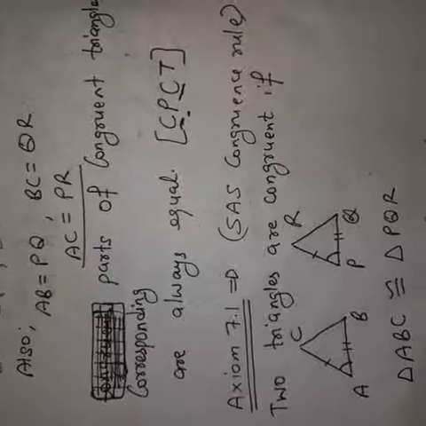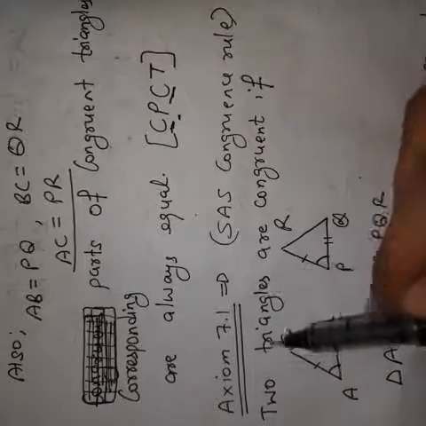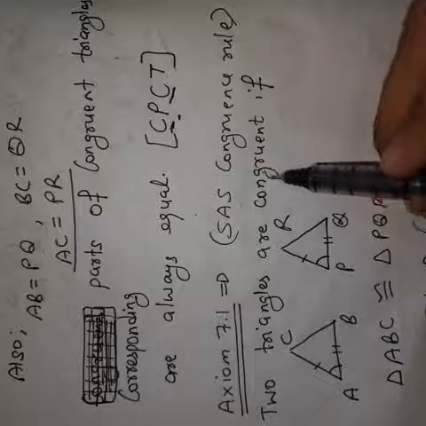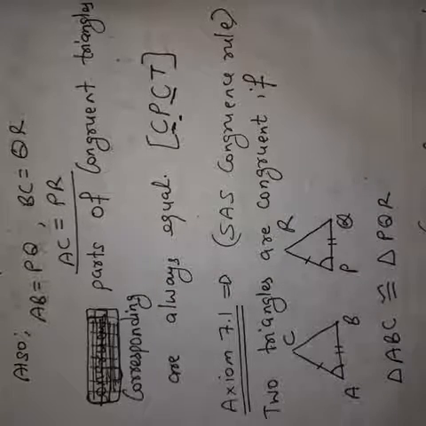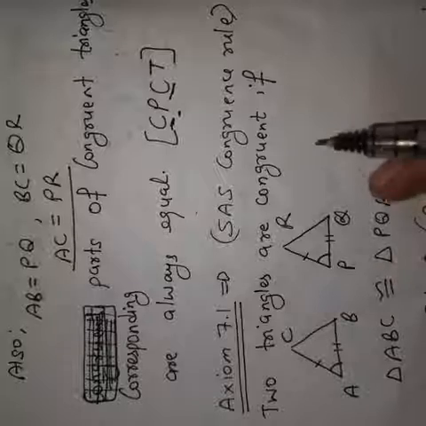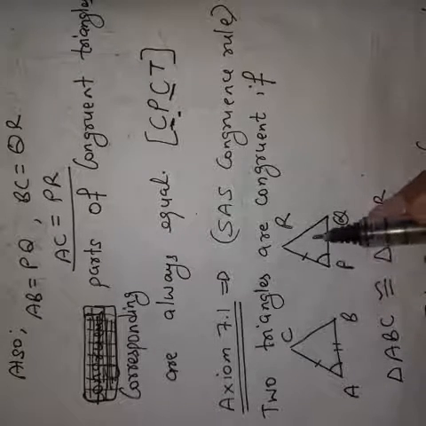So axiom 7.1 states that if two triangles are congruent, यदि कोई भी टू ट्रायंगल्स कॉन्ग्रुएंट होंगी, कब होंगी? We need not to prove all the three sides and all the three angles congruent.